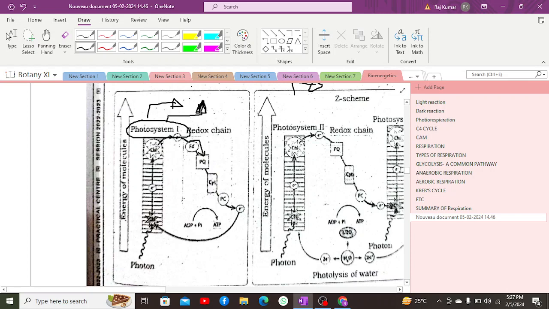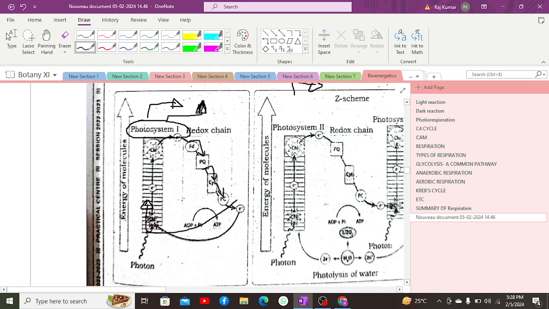That transfers it towards the cytochrome BF complex, which takes those protons and electrons and transfers the protons towards the thylakoid space, and the electrons towards the plastocyanin. Plastocyanin now transfers these electrons back towards photosystem 1, as a result of which the electron lost by photosystem 1 is regained by its own photosystem.